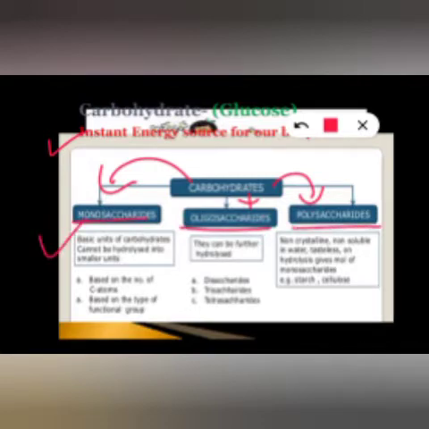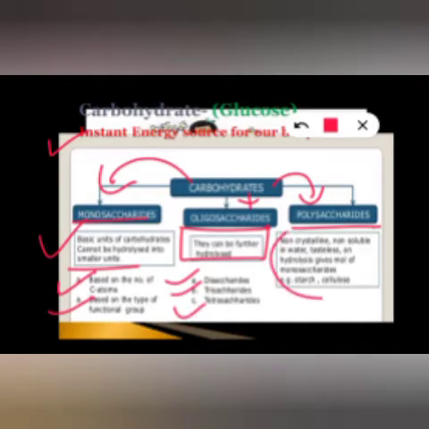Monosaccharides are the basic unit of carbohydrate, which cannot be hydrolyzed into smaller units. They are classified based on the number of carbon atoms and the type of functional group. Oligosaccharides can be further hydrolyzed: disaccharide, trisaccharide, tetrasaccharide as examples. Polysaccharides are non-crystalline, non-soluble in water, and tasteless; on hydrolysis they give monosaccharides. Starch and cellulose are the basic examples.